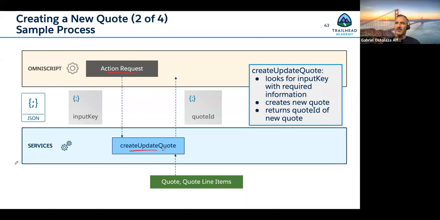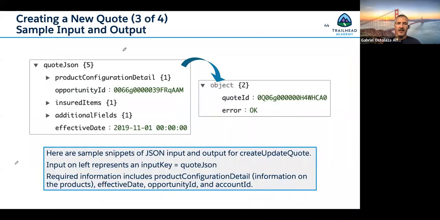Then it's going to launch the service, create update quotes, and is going to build up the quote from an opportunity, and is going to build the quote line items from all the opportunity line items. So the insured items, insured parties, and coverages are going to become quote line items, and it's going to return a quote ID. So after this create update quote, we can query details about these quotes, okay, to display them to the user.